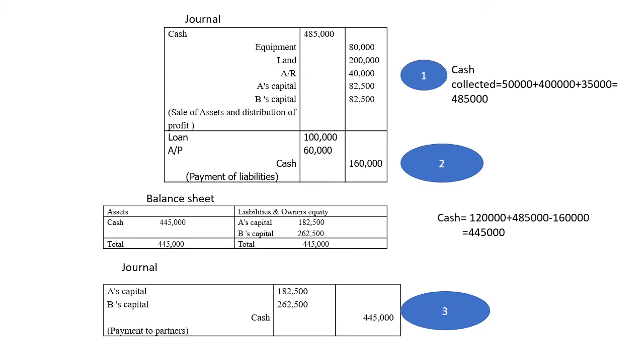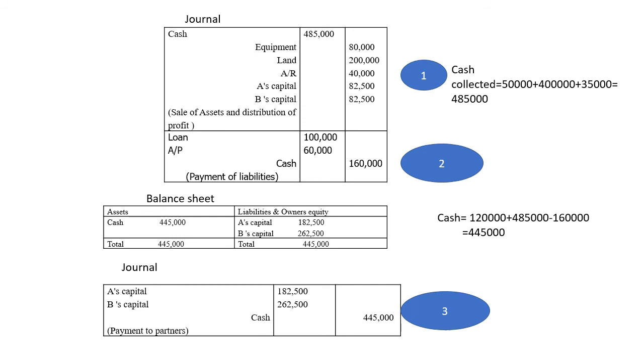These were given in the example in the previous slide. They total up to a cash collected from selling the assets of 485,000. You debit the cash by 485,000 and you credit the assets going out by their book value. The equipment is credited by 80, land credited by 200, accounts receivable credited by 40.